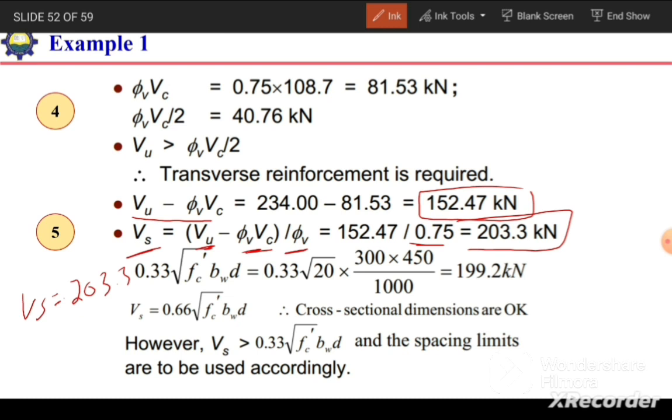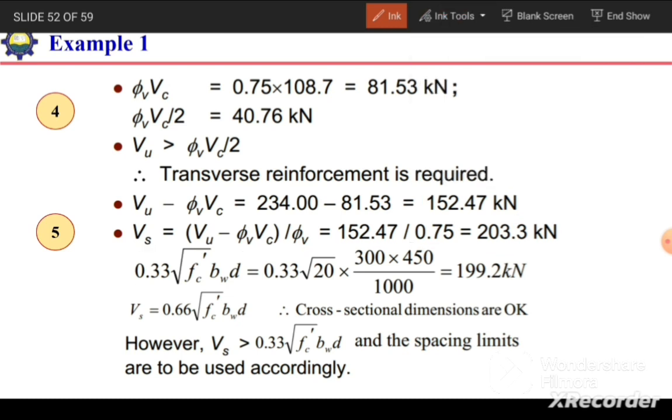So Vs is equal to 203.3 kilonewton. Now the next step is to compare this Vs with this factor 0.33 square root fc prime bw d, to check whether the cross-sectional dimensions of the beam are okay or not. If we substitute the values in this expression, it comes out to be 199.2, and the Vs is more than this 0.33 square root fc prime bwd.